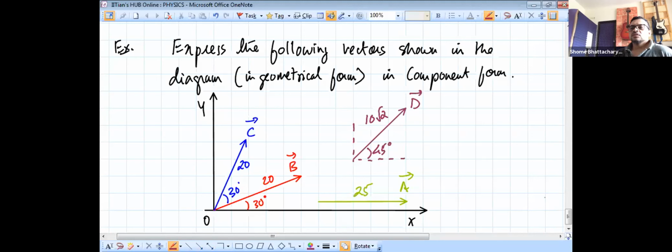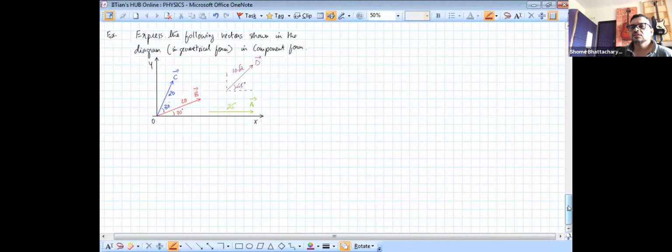Okay, so just try this out, people. Express these vectors, the four vectors shown A, B, C, D, in component form.